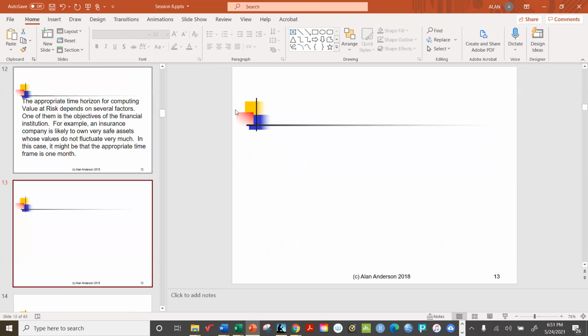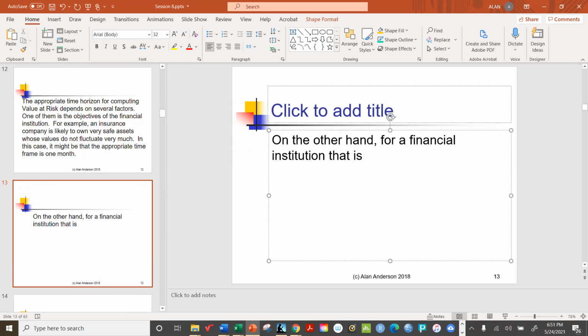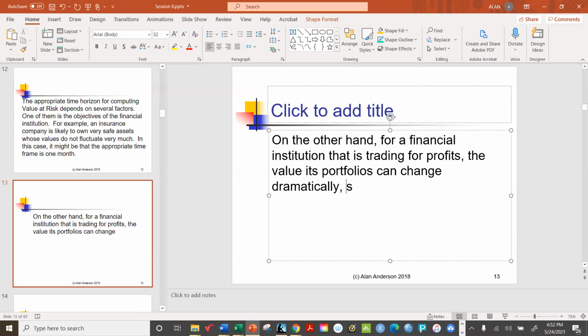But on the other hand, for a financial institution that is trading for profits, the value of its portfolios can change dramatically, so that computing VAR on a daily basis is likely to be necessary.